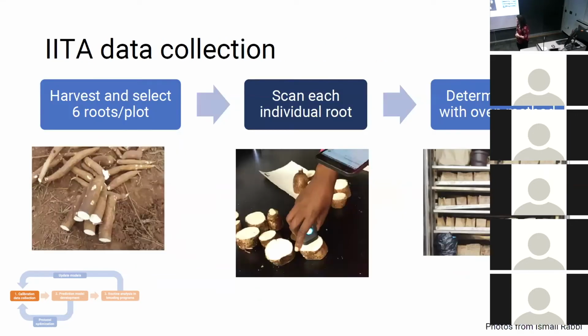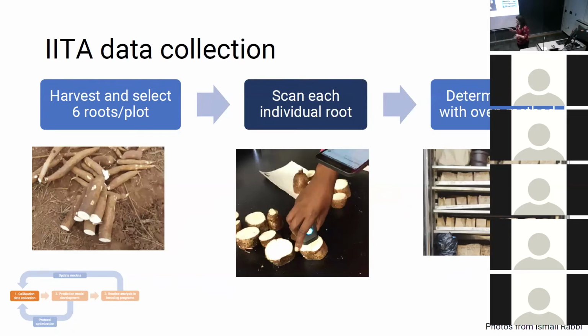These data were collected with 6 roots per plot. The roots were sliced in half crossways and then scanned cross-sectionally. These are more slices than were actually taken. It was just cut in half, but scanned like this. And then those same roots were put through the standard operating protocol for the oven method to determine dry matter content.